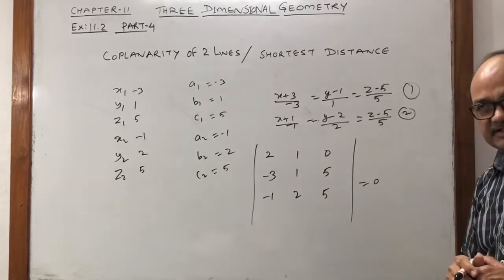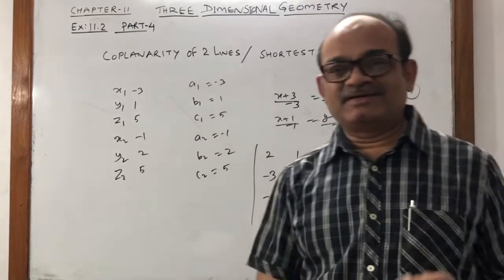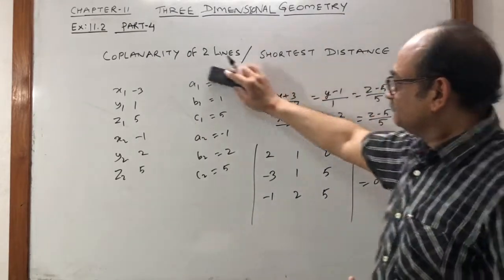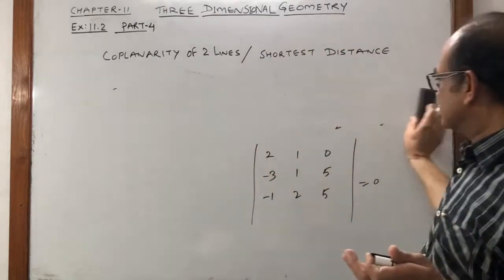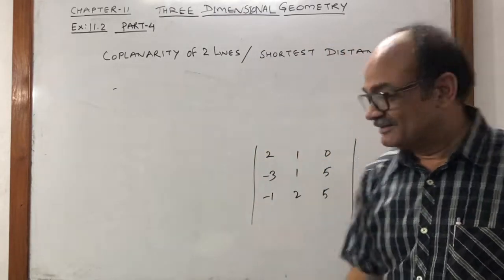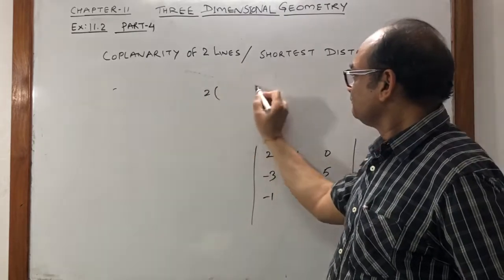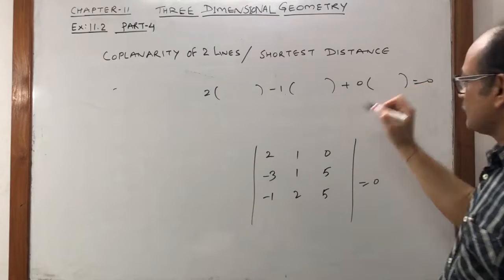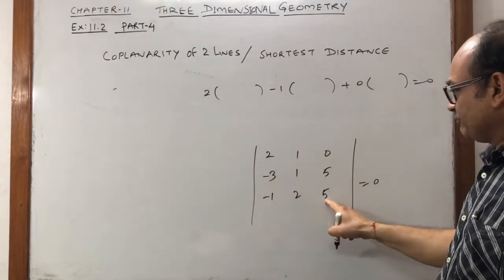Now we have to solve this determinant. If it comes 0, what do we say? The two given lines are coplanar. So now the solution, and you know it is nothing but a revision of determinants. Here we start: 2 minus 1 and 0. First, 5 minus 10.